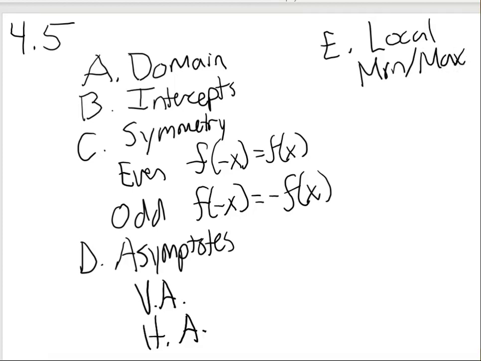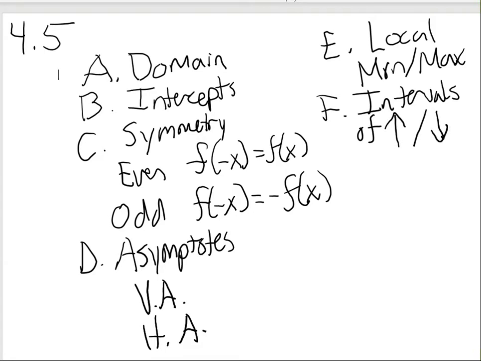First derivative test there, with the intervals of increasing and decreasing. Using first derivative test, you could get both of those things. And then lastly, what does the concavity and inflection points look like? And that's going to be your concavity test using the second derivative.